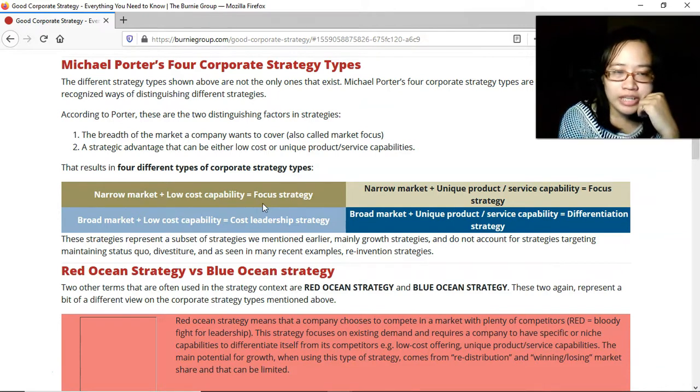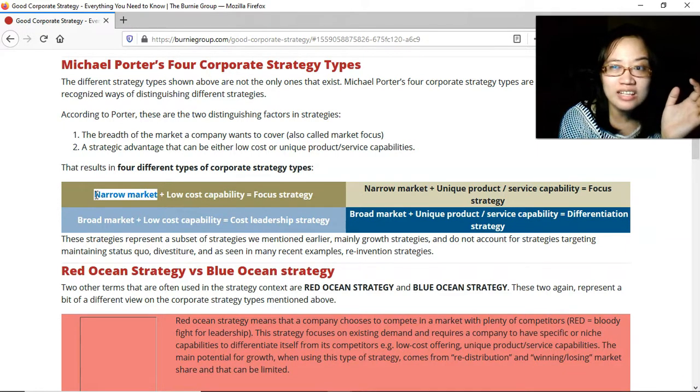Dito ba sa dalawa, anong maiisip natin dito? Narrow market, low cost capability. Ano nga ba naisip ko dito before? For example, college books, mga physical books, narrow market siya kasi ang tina-target mo lang naman is, let's say, mga college students.